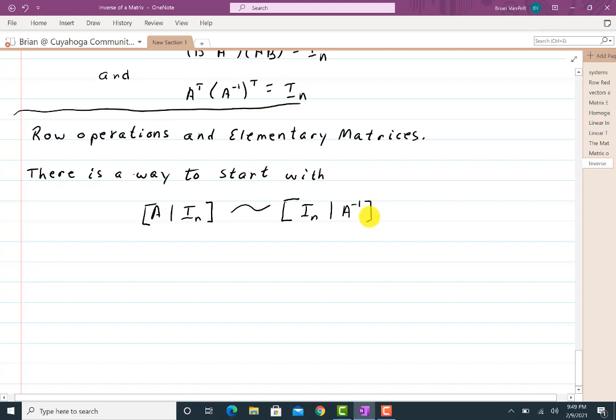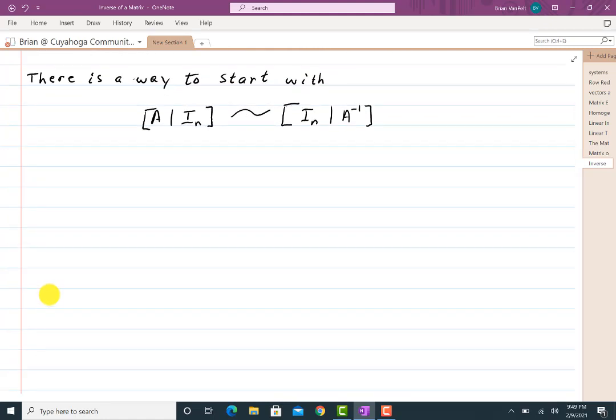And so what I'm going to do is use this to show you how to get an inverse for a matrix, and then I'm going to explain why that actually works. So let's do the example first.